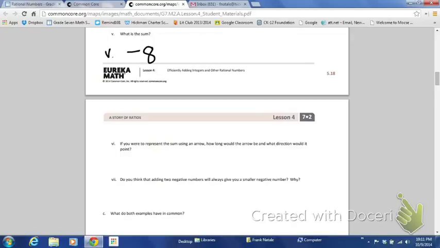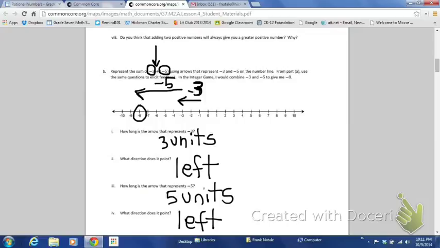Now, really important, what ties these two problems together, A and B. If you were to represent the sum using an arrow, how long would the arrow be, and what direction would it point? If we just start from here, one arrow, there's our sum, which is -8.